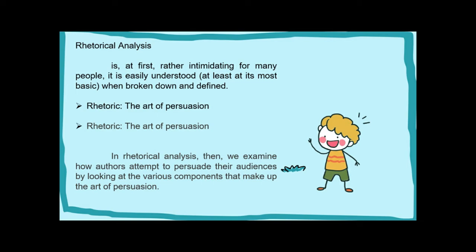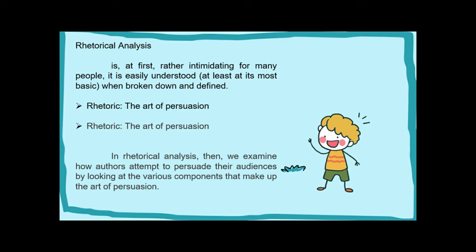The next is analysis: the breaking down of something into its parts and interpreting how those parts fit together. So analysis, as simple as that, is breaking down things into parts. For example, you are reading a poem and you are going to summarize it by lines.